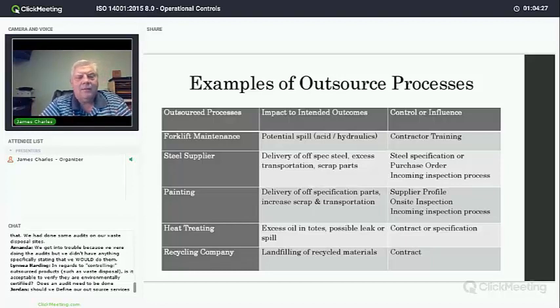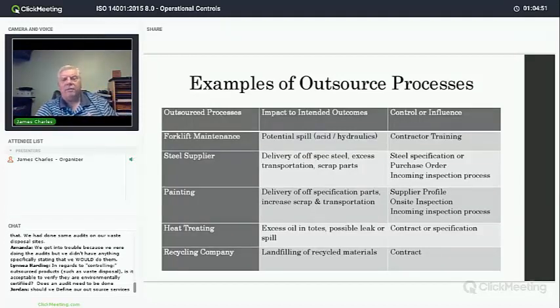Another company provides steel to us. They send us steel. Well, they could deliver us some off-spec steel that doesn't meet our specification. It could generate excess transportation if we have to return it. Or if we actually process it, it could generate some scrap parts.